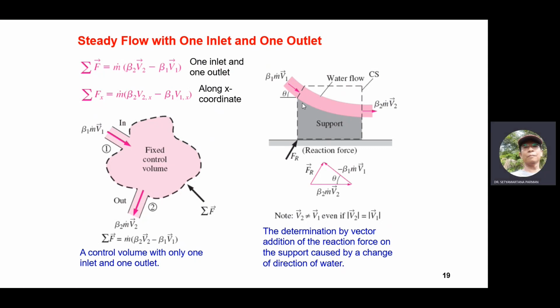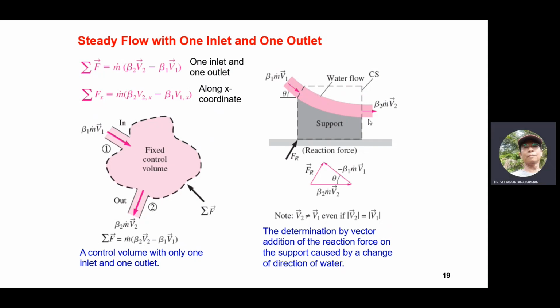Okay, then here we have a system with fluid flow. The direction of the fluid flow is in this direction. So we can define a fixed control surface, for example, using this shape.